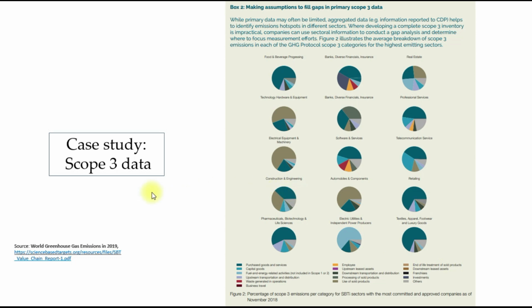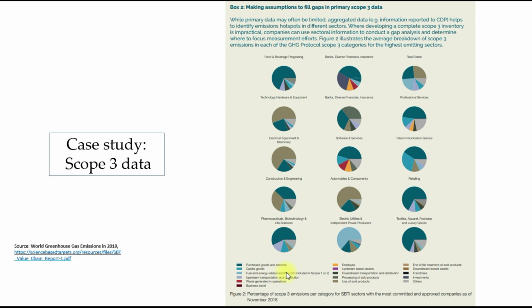So what we have here is the Science Based Targets initiative. One of their resources is they've broken down the various sectors, from, say, food and beverage, banks, real estate, and so on and so forth. They've looked at the percentage of scope 3 emissions per category. So these are the categories of scope 3 emissions.